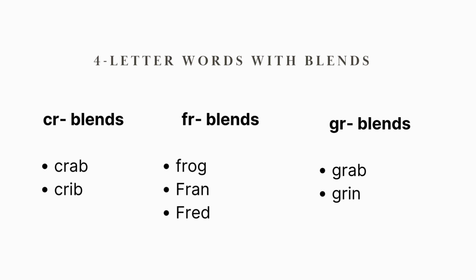So another note that we need to make is if your students are second language learners, for example, you may want to have pictures of a crab, pictures of a crib, pictures of a frog, right? All of these different things, even a picture of the girl Fran or Fred, so that they are making the connection, right, between the words and the meaning of the words. So, very important tip.